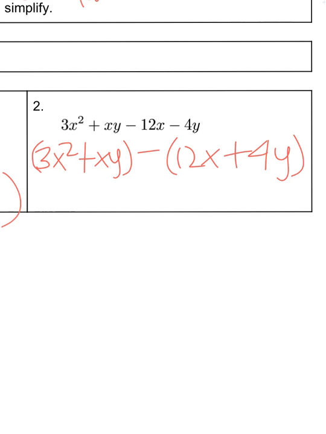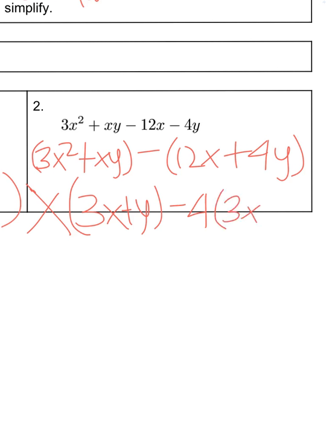And then the next step would be to take out factors from each group. So in the first group, we can take out 1x, and then we're left with 3x plus y. And in the second group, we can take out 4, so we are left with 3x plus y.